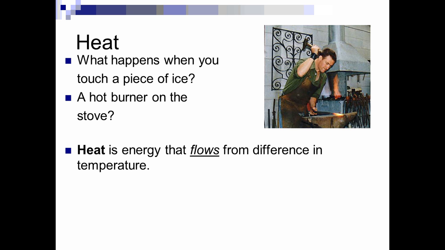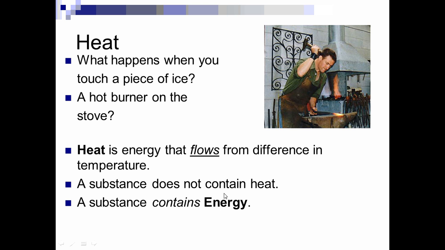So what is heat? This is your definition of heat. Make sure to star this, that would be great. Heat is energy that flows from a difference in temperature. So it flows from a difference in temperature, which means a substance does not create or contain heat. Instead, it contains energy. Please make sure you emphasize these in some way in your notes, where you star them, underline them, or highlight them.